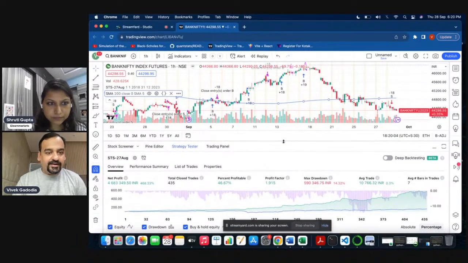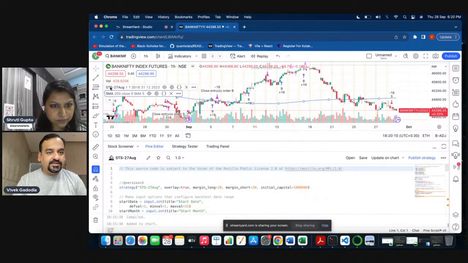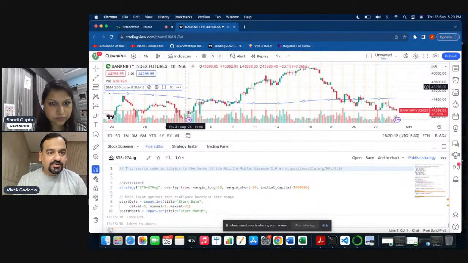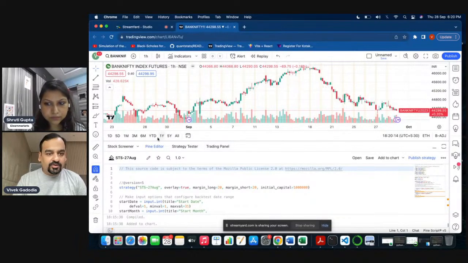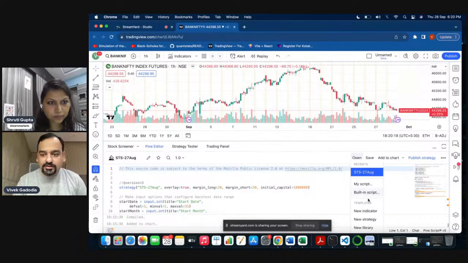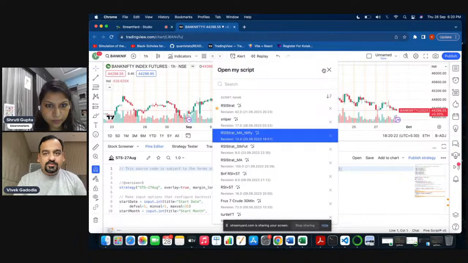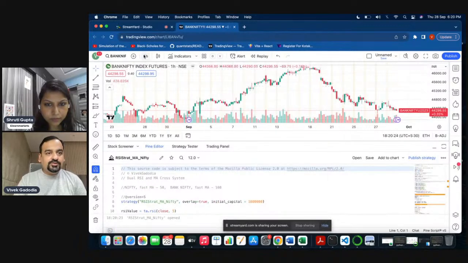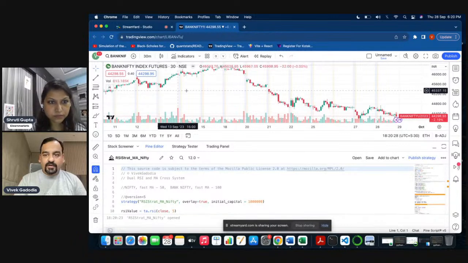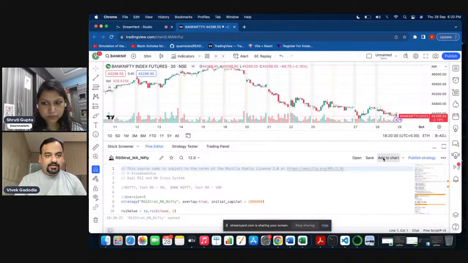There is just one more system which is a little faster than this. So I'll just close this and go on to that. This I use on the 30 minutes time frame, and this is using RSI.